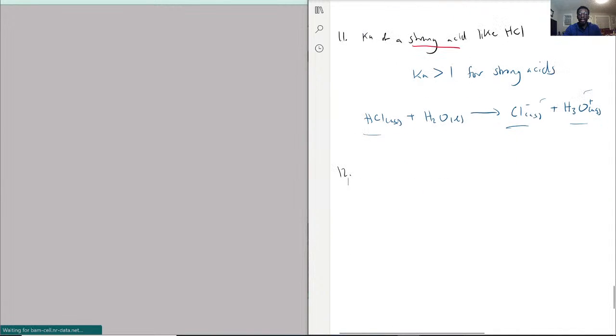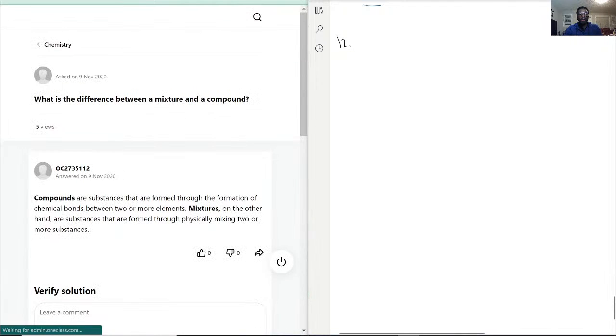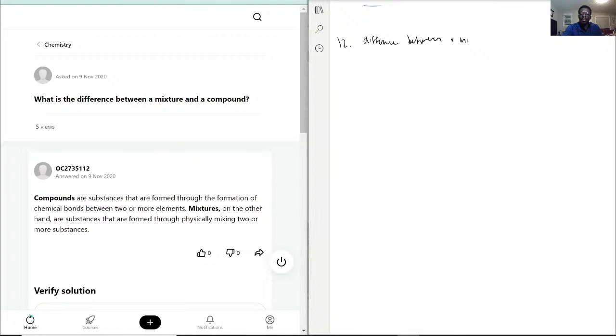All right. So what we have for question 12 is, what is the difference between a mixture and a compound? We came to rub it in. So, difference between a mixture and compound. Okay. So, what is the difference?